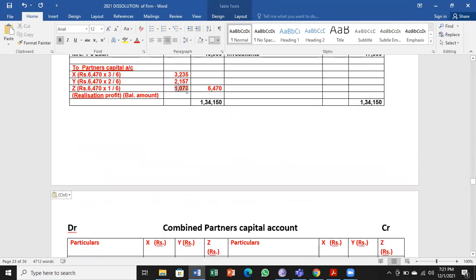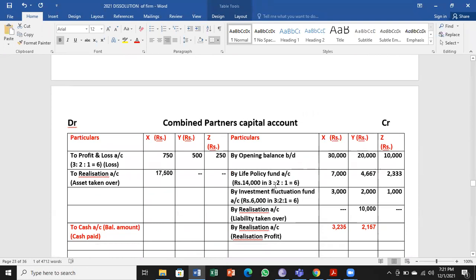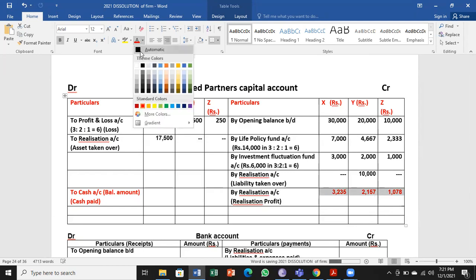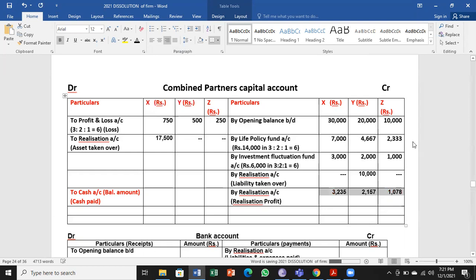We have to ensure at every level whether our calculations are right, whether we are on the right track or not. So we have taken all the values for all the three partners connected to realization profit. We have completed all the entries, so we have to go for balancing now.